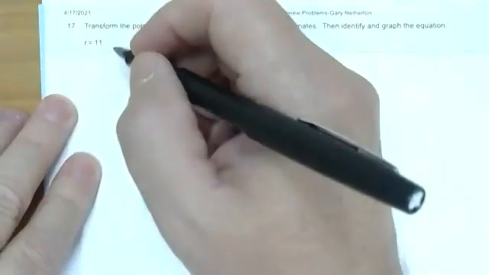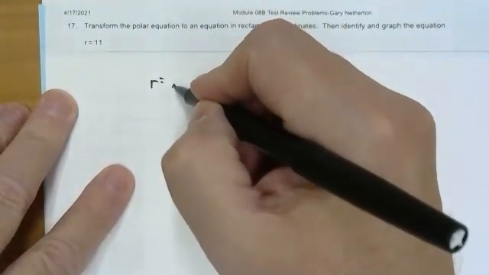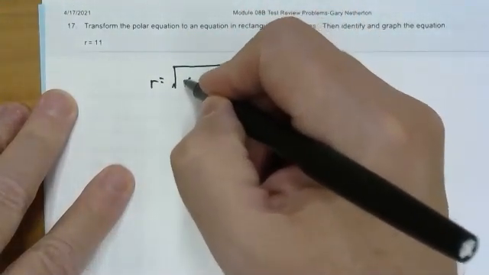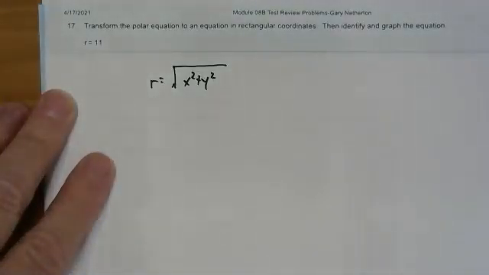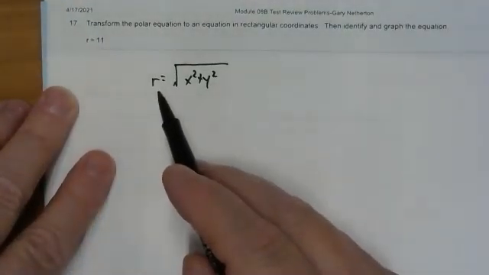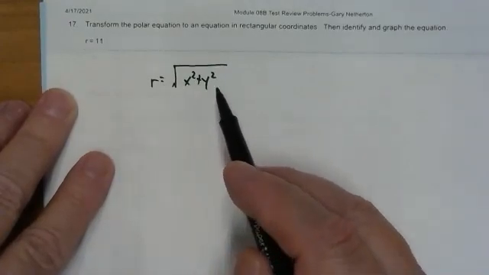So the key is now to remember, when we were converting back and forth between polar coordinates and rectangular coordinates, we had this relationship where the way we calculate r is r equals the square root of x squared plus y squared.